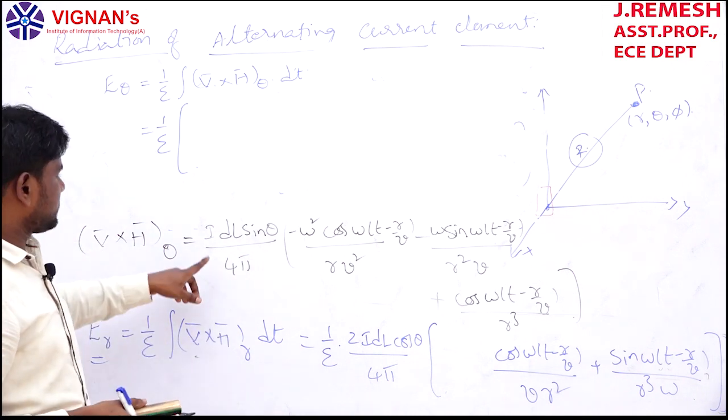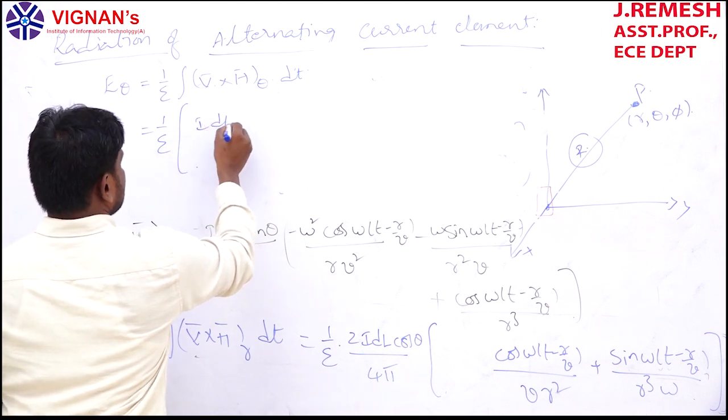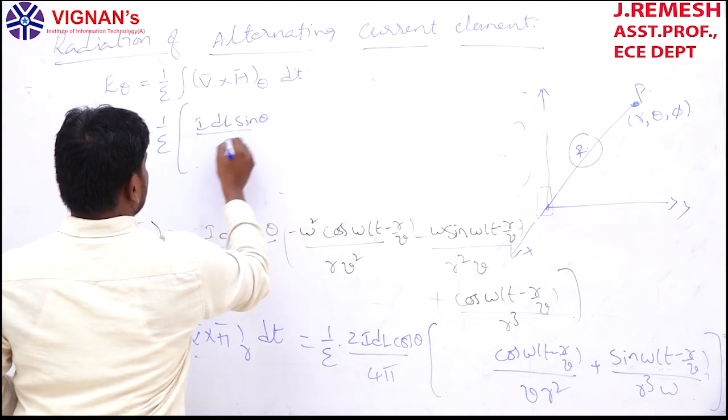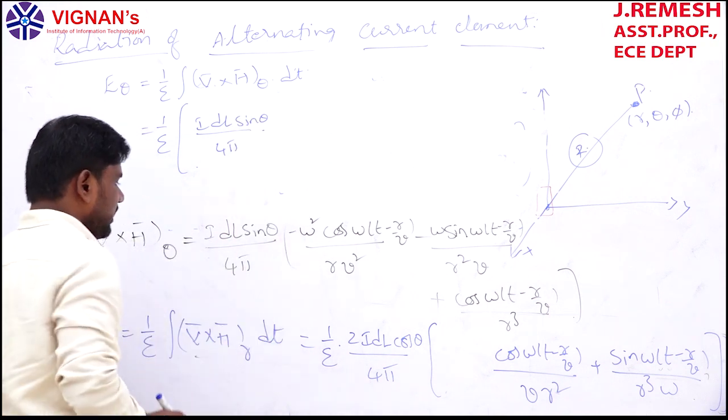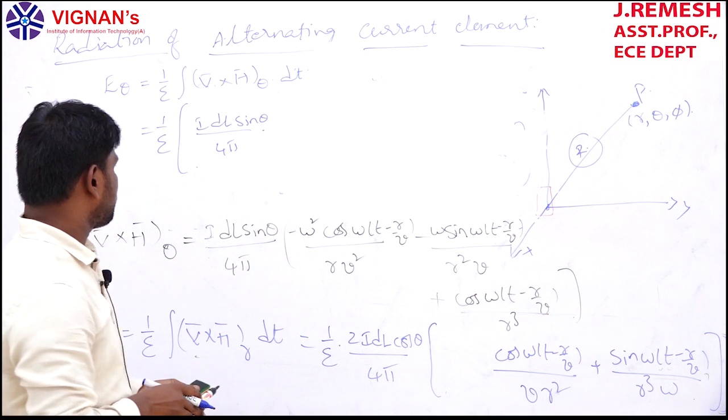Here ideal sin theta by 4 pi is a constant, and after that we have to take the integration with respect to t for the first element.